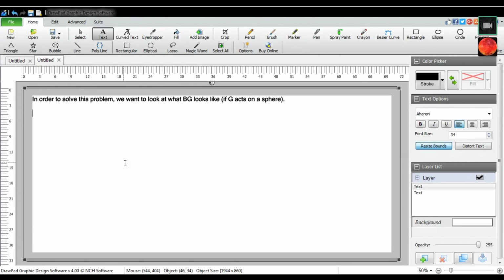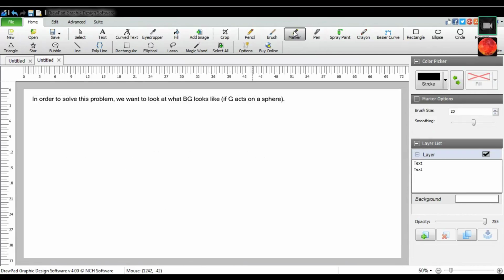If you know from topology what homology is, I'm just going to define this real quick. We can define homology for spaces, but we want to define homology for groups now. And what a homology of a group means is just the homology of this classifying space BG.